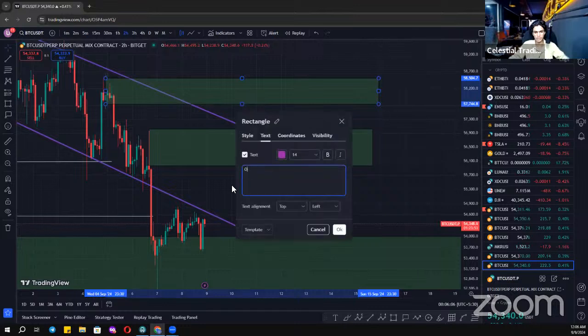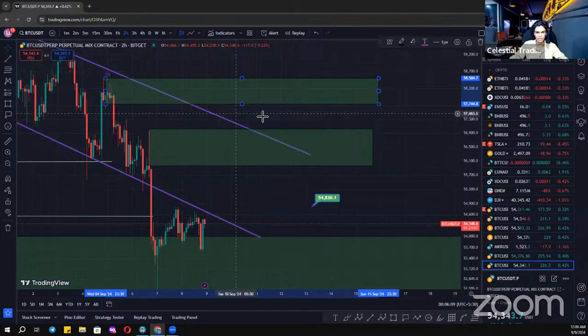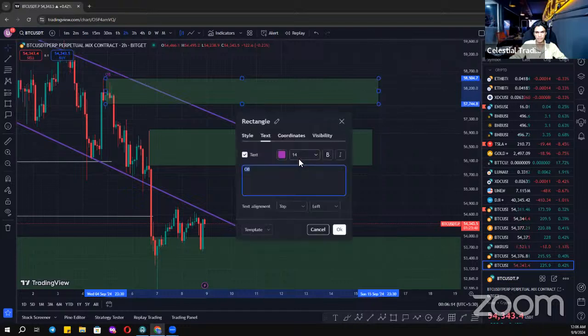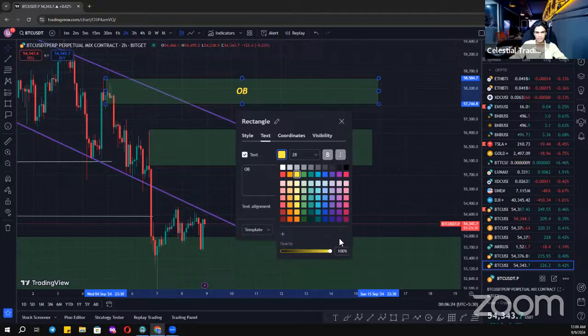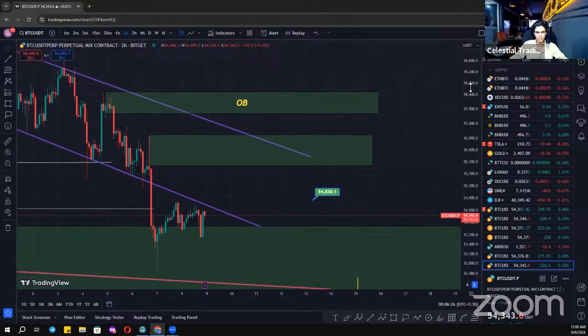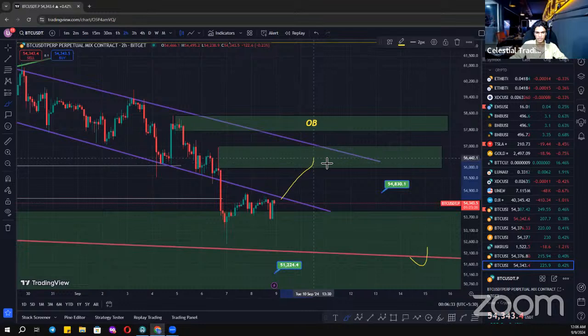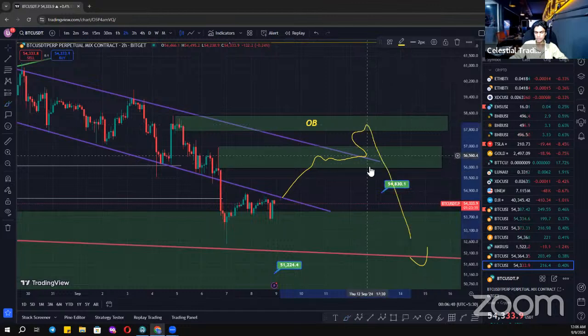The market would respect this OB, into the order block, right? Price would pump here, make a consolidation, and go for this order block and straight up down.